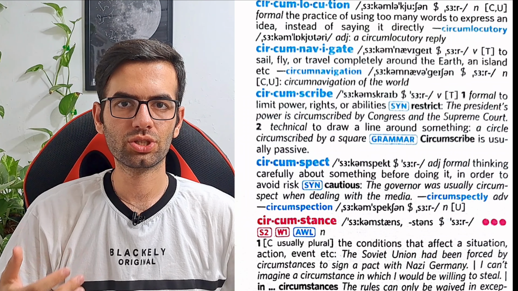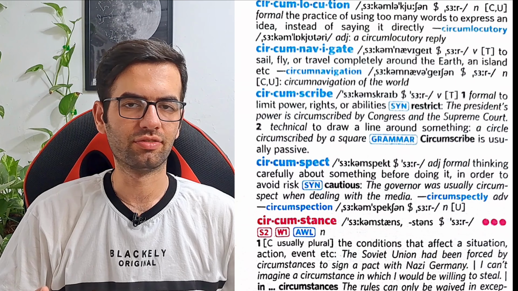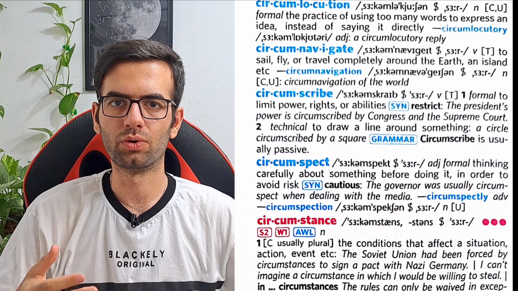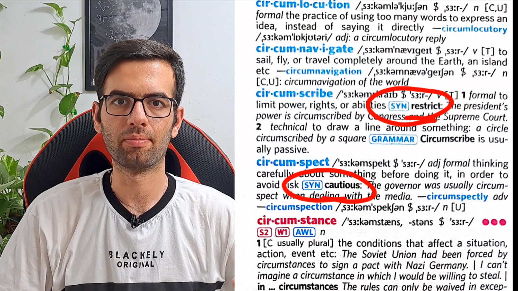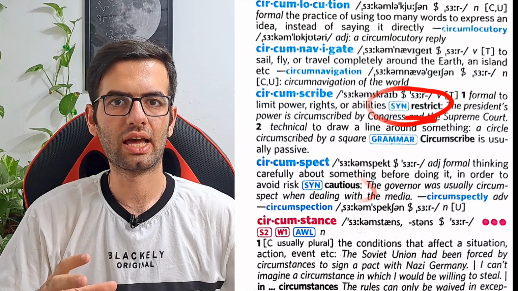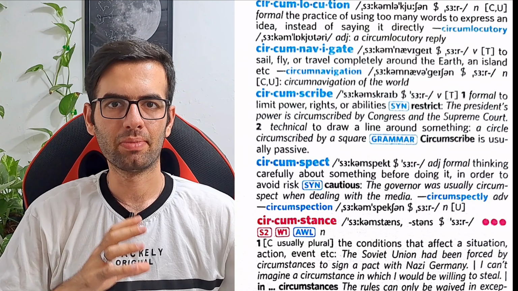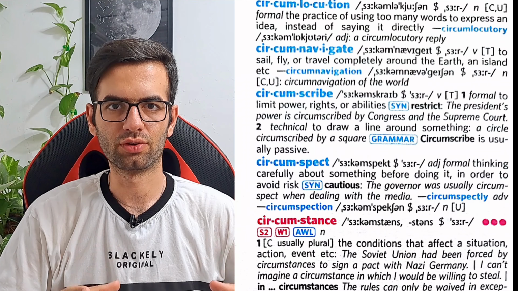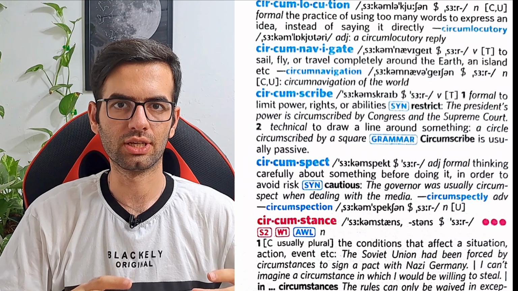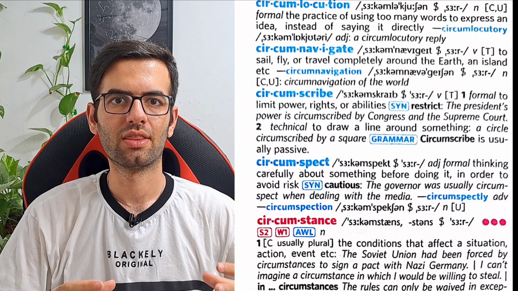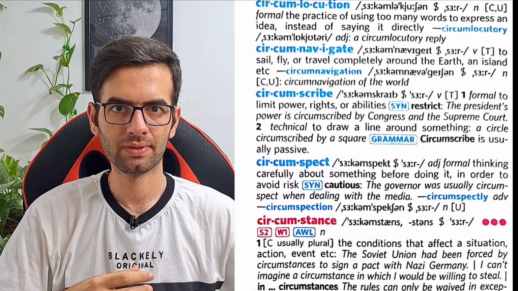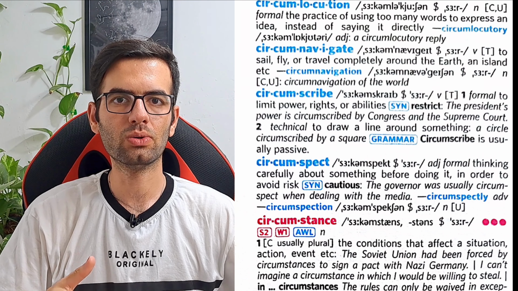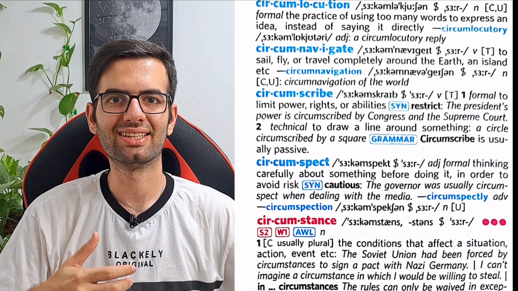You know, dictionaries have a definition for a lot of words. They also have synonyms for them, which means words that have the same meaning as the word you are looking for. There are also antonyms for them, which means words that are the opposite of the word you're looking for, okay? But as I said, the most important part is examples.